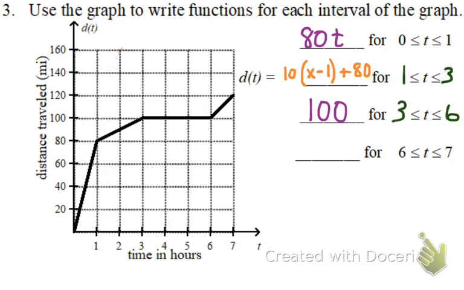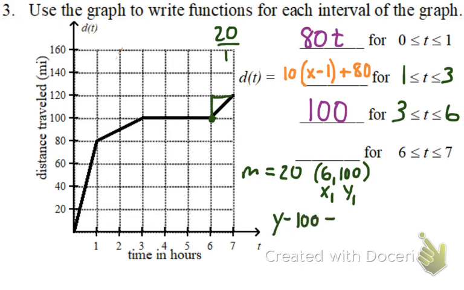All right, now for this last piece, we rise 20, we run 1. So our slope is 20. The leftmost point on that part of the graph will be (6, 100). So that's going to be my x sub 1, y sub 1.